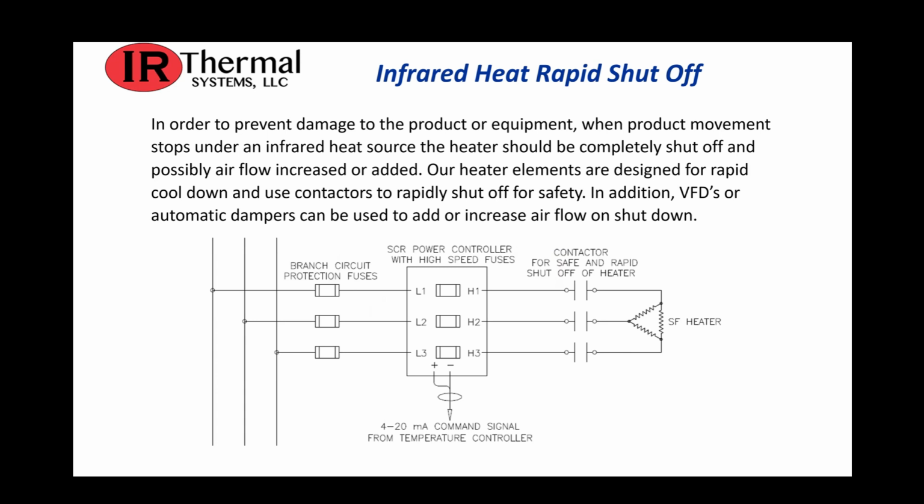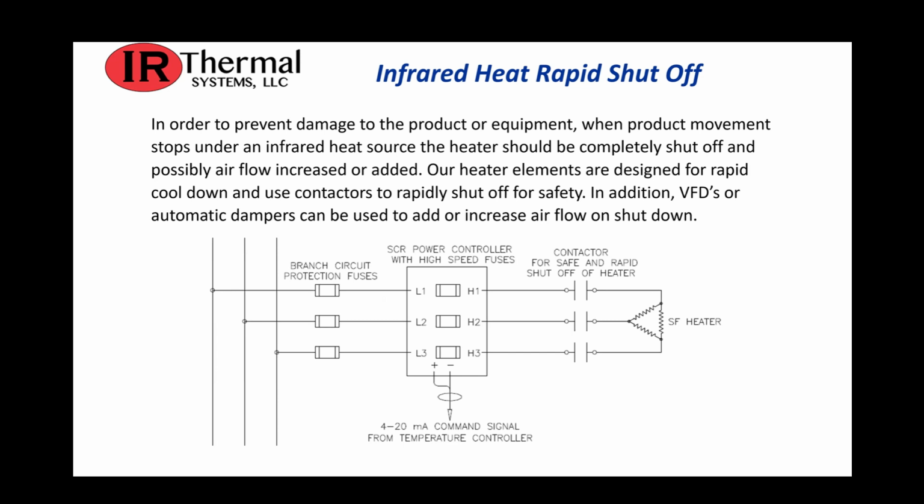The next is building in rapid shutoff devices that allow the heating elements to be shut off quickly in order to prevent damage to the product or equipment when something wrong happens, when either product movement stops under the infrared heat source, or the heater needs to be shut off and the airflow needs to be increased or added to cool it down.